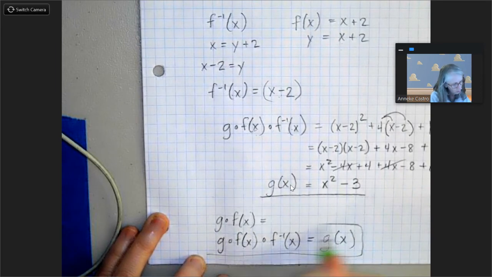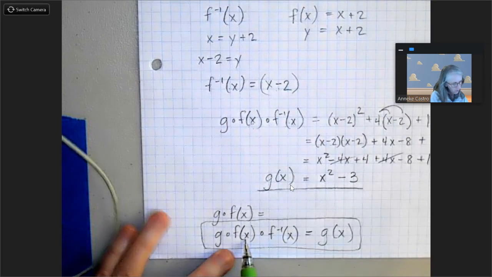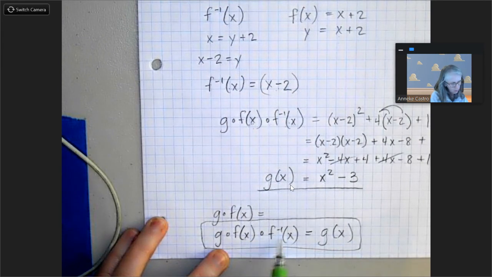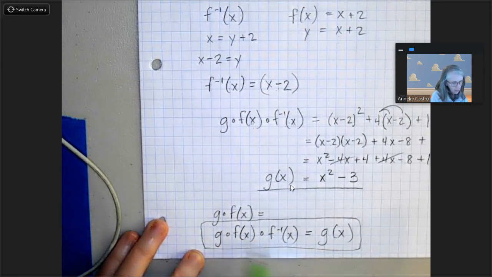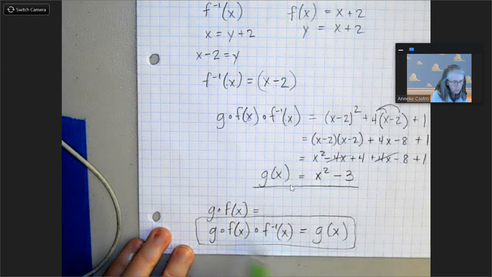Bam. Who knew? Craziness, okay? Because when you composite a function with its inverse, those end up canceling out, and you're just left with your g of x.